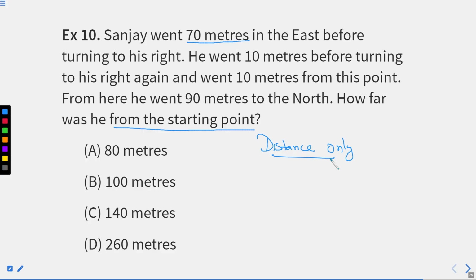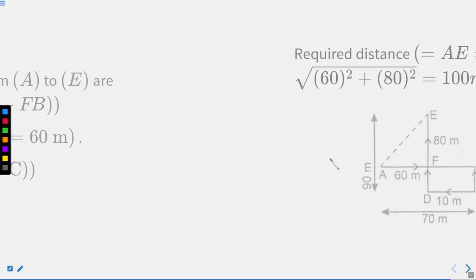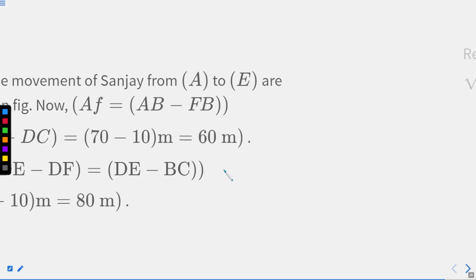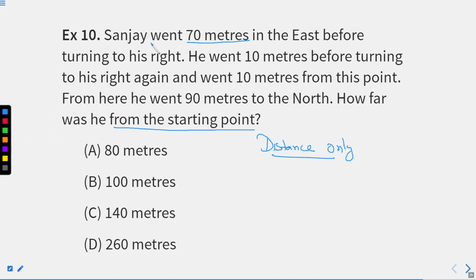Now this time we don't need to find any directions. For that, my friends, we will make a diagram. So how will we go for it? First, point A, from where we'll move to point B. You can read the question again here. Sanjay went 70 meters east before turning to the right, right?